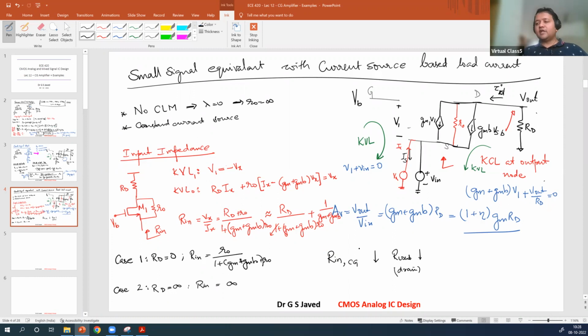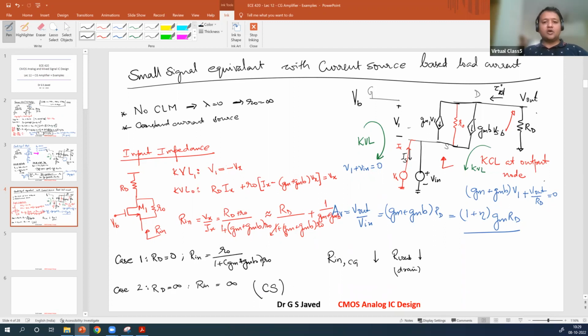If you have any other ideal load, you will get Rin infinity. So you need to understand this carefully. In a common source amplifier, Rin is always infinity because the input is applied to the gate. In this case, if your load is low, then your Rin is also low. So that is one understanding that you have to develop.